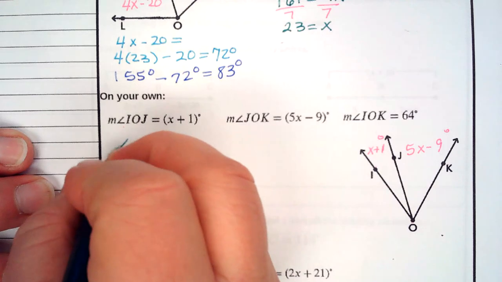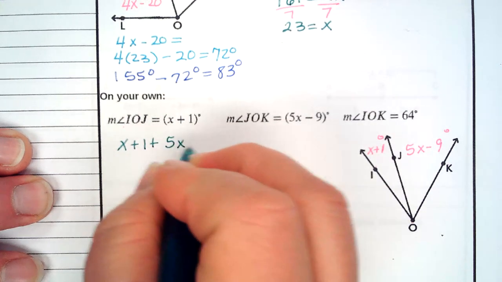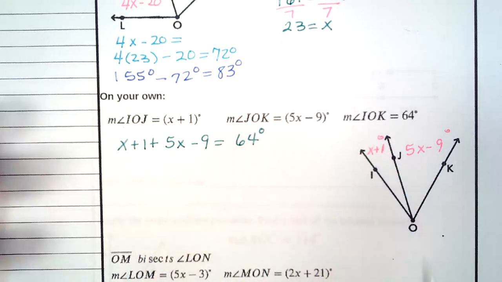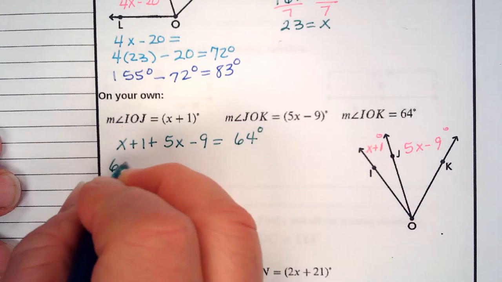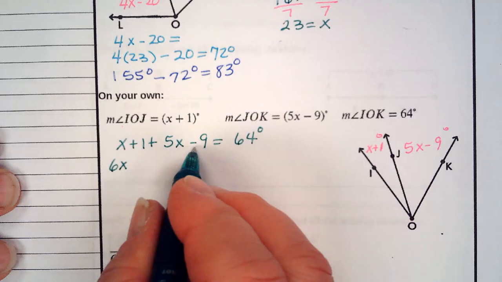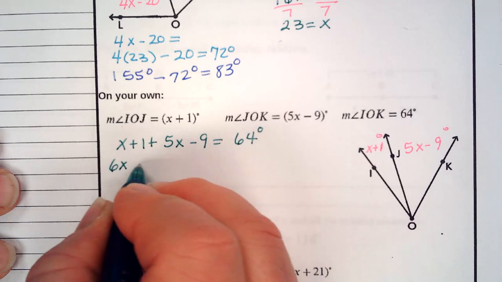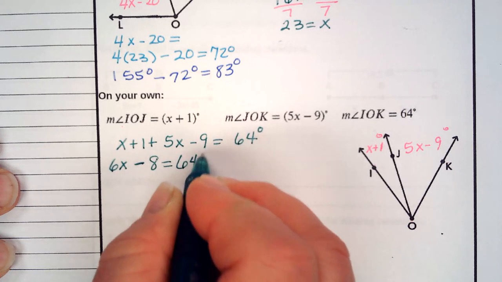So x plus 1 plus 5x minus 9 is equal to 64 degrees. x plus 5x is 6x. 1 plus a negative 9. 9 minus 1 is 8. Keep the symbol of the larger, so it's minus 8 is equal to 64 degrees.